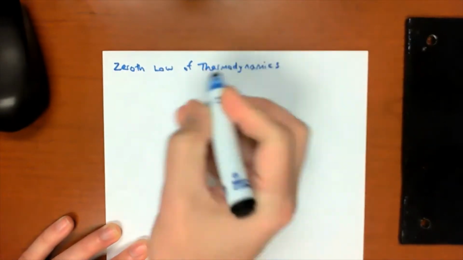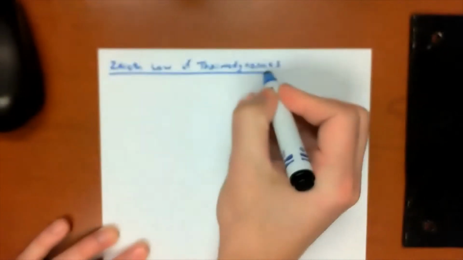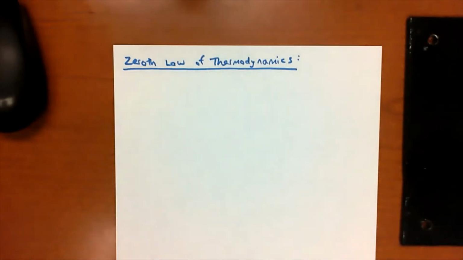I think it's always nice to have a little bit of historical context to these types of things. So here's a little bit of context to the Zeroth law of thermodynamics. It was developed in the late 1800s to early 1900s, which you'll see is actually after the first law of thermodynamics, which led to the kind of weird numbering system. And it was developed mostly by a guy named James Clerk Maxwell, who you may have heard of before. He's a really famous scientist, especially famous in the field of electricity and magnetism, or electromagnetism.